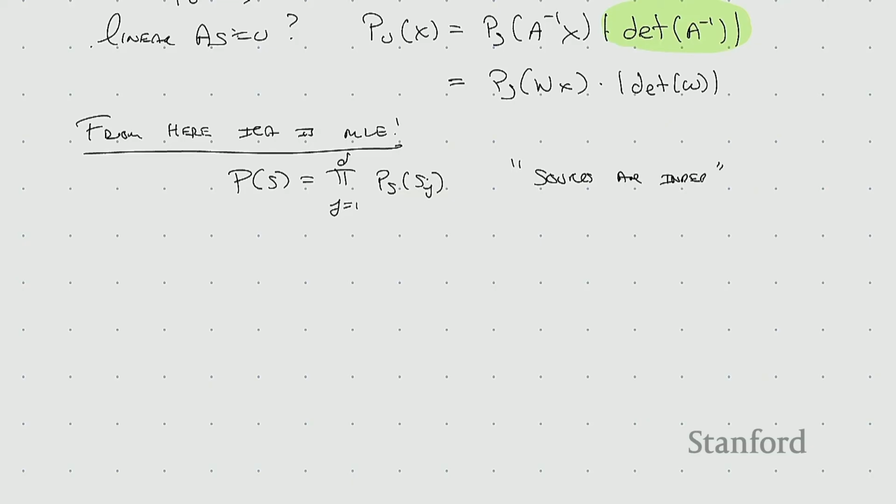And they have some distribution that's not Gaussian. Then P of x is equal to the product over j from 1 to d of P_S of w_j times x, times the determinant of W.